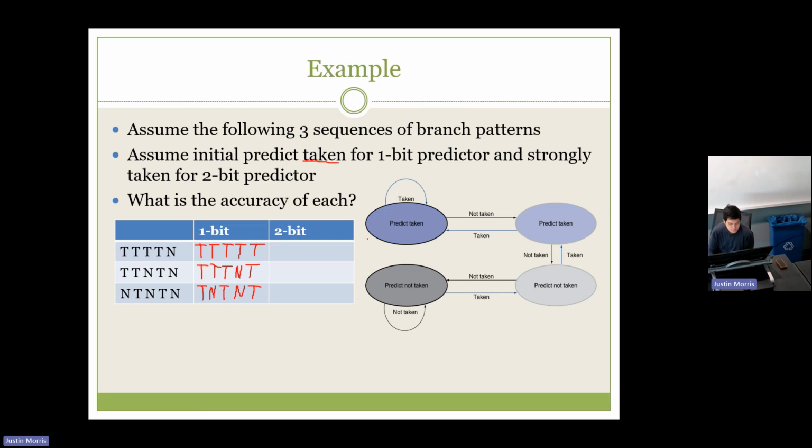So let's see the 2-bit predictor. We're initializing to strongly taken. If we're in strongly taken, what's our prediction? Taken. Was it right? Right. So do we move states? Yep, we just stay in strongly taken. We're right again, so again we stay.